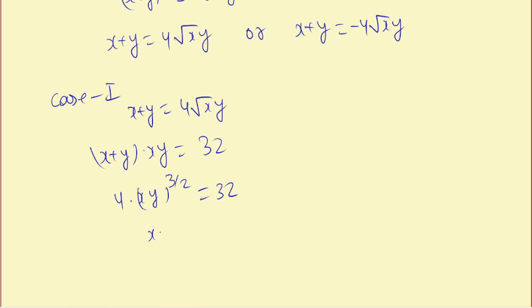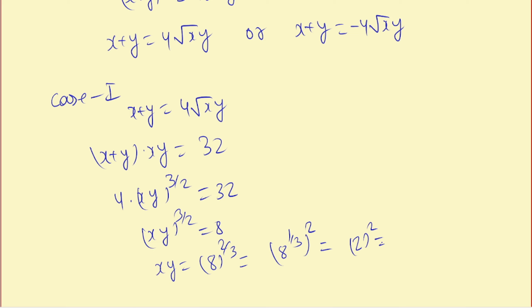Okay, so we get xy to the power 3 by 2 equal to 8, and if we solve this, we get xy equal to 8 to the power 2 by 3. This is the same as 8 to the power 1 over 3, squared. Okay, and this is the same as the cube root of 8 is 2, and 2 square equal to 4. So we get xy equal to 4.